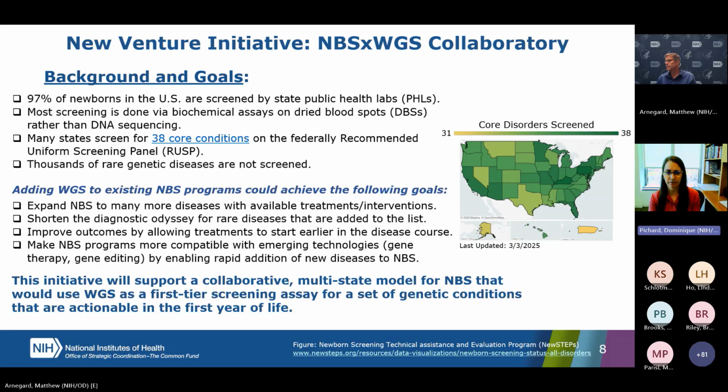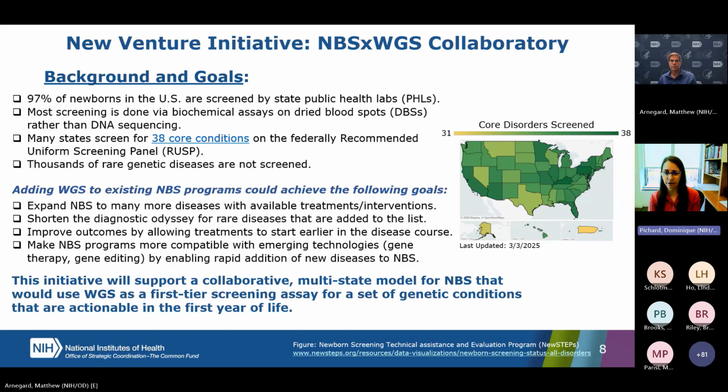These 4 bullet highlights are: expand NBS to many more diseases with available treatments, interventions, shorten the diagnostic odyssey for rare diseases that are added to the list, improve outcomes by allowing treatments to start earlier in the disease course, make NBS programs more compatible with emerging technologies, for example, gene therapy, gene editing, by enabling rapid addition of new diseases to NBS.